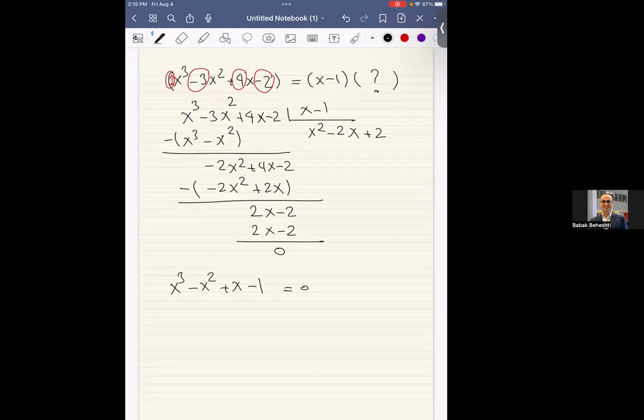Forget about the coefficients. x equal to 1 is a solution. For the previous question, yes: when x equal to 1, you have 1 minus 3 plus 4 minus 2, and it's 0.